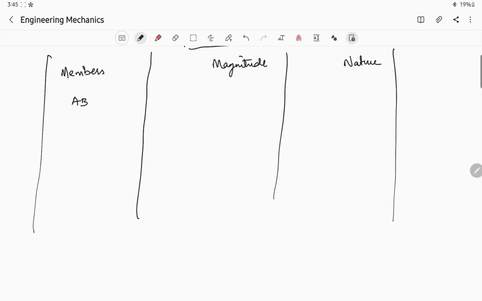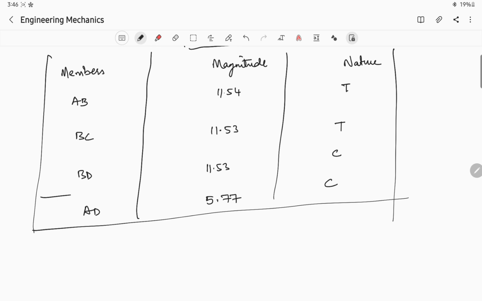All members: AB, BC, BD and AD. What are the magnitudes we have? 11.54, we got it as positive, so tension. Then for BC it is 11.53, since it is positive, so tension. For BD we got again 11.53, but it was in negative sign, so compression. For AD the value is minus 5.77, so we'll write here compression.